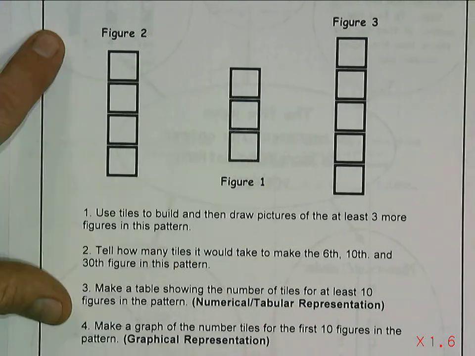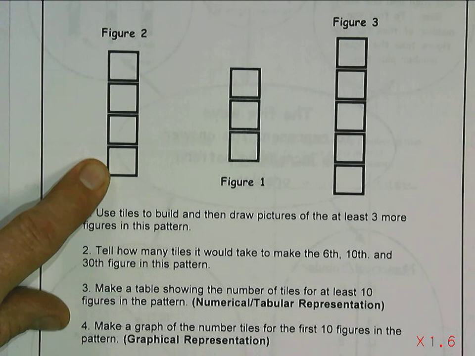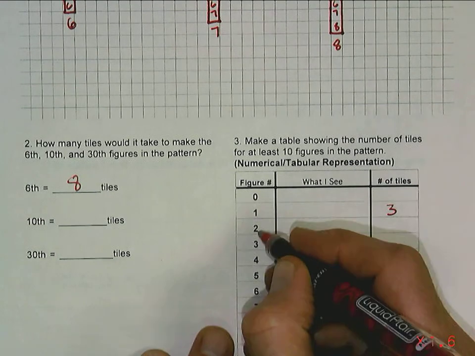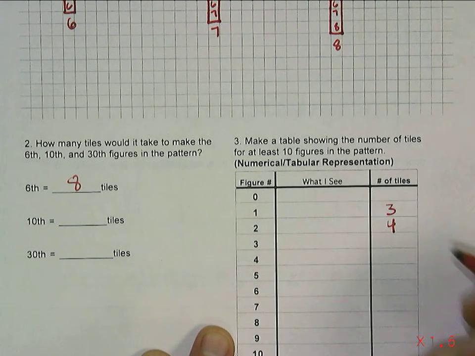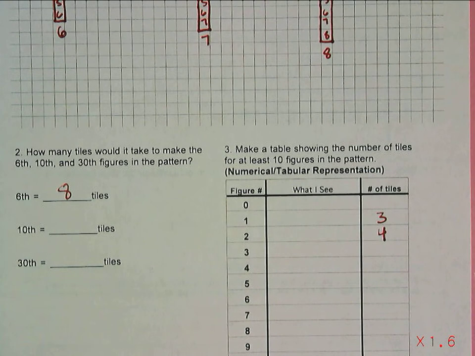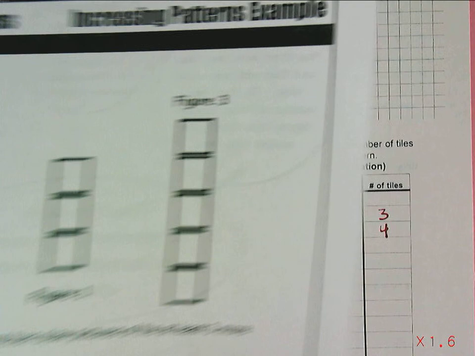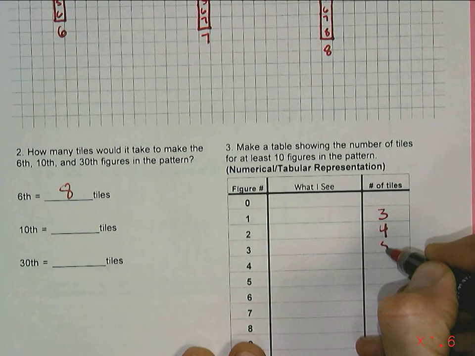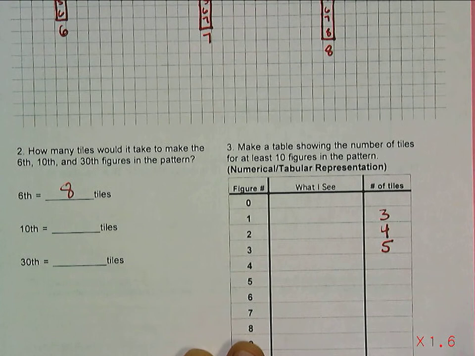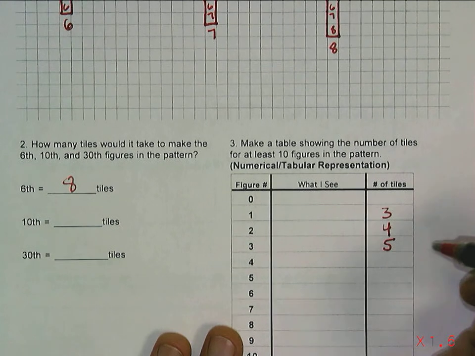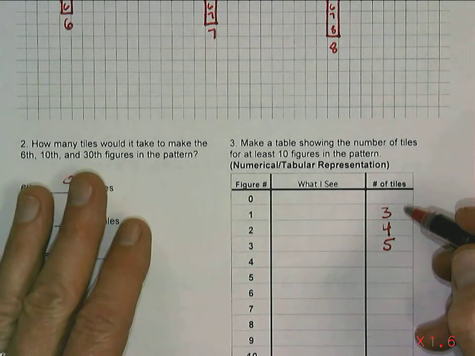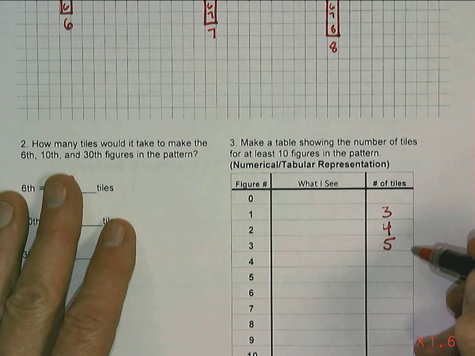And I know the second figure in this pattern has 4. So I can do, the second figure has 4. And I know that the third figure has 1, 2, 3, 4, 5. Some of you might already be saying, well, it's pretty obvious that it's going up by 1 every time.